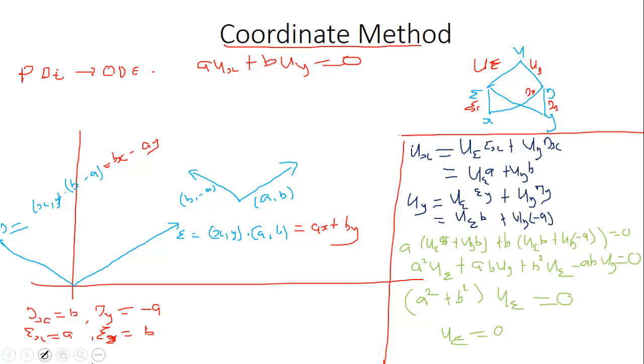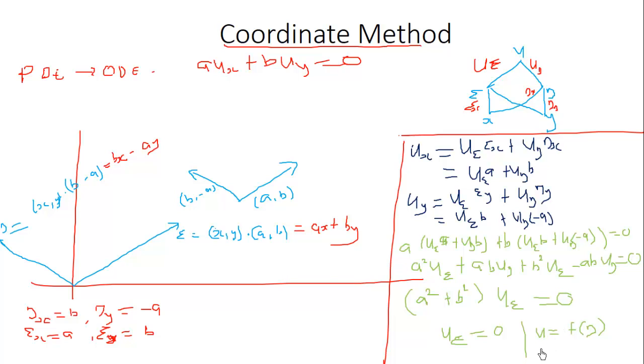So we have u being equal to a function of eta, but we know eta is equal to bx minus ay.